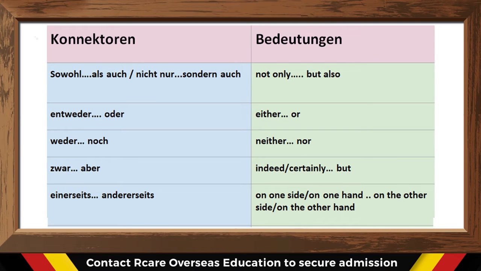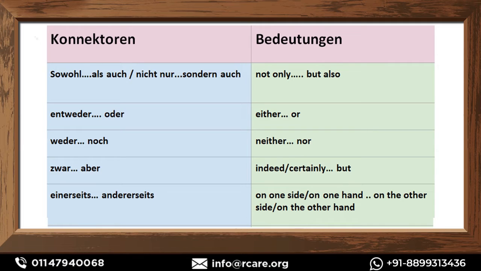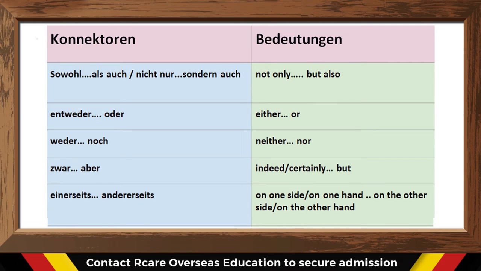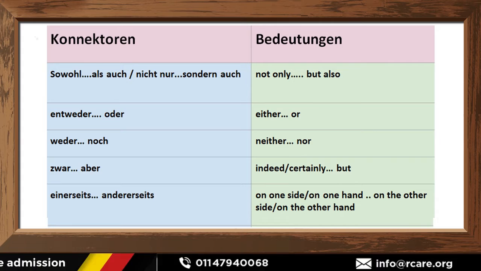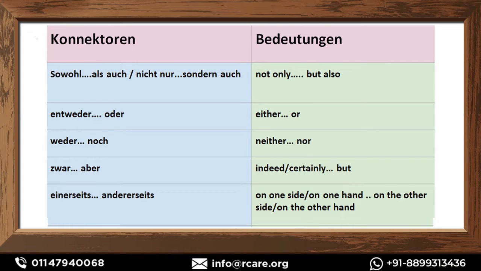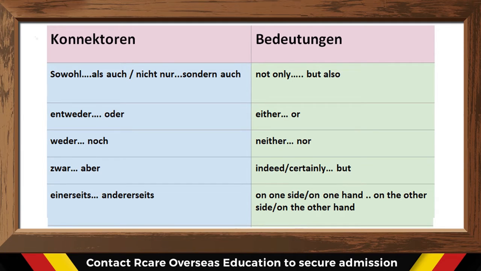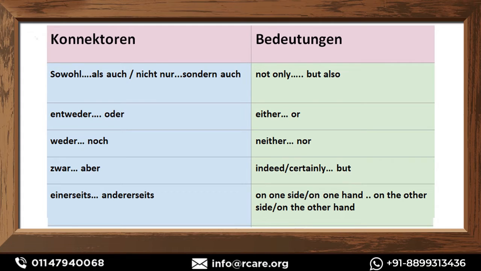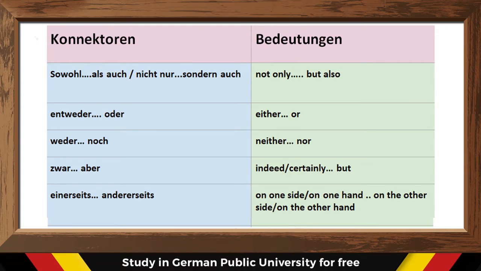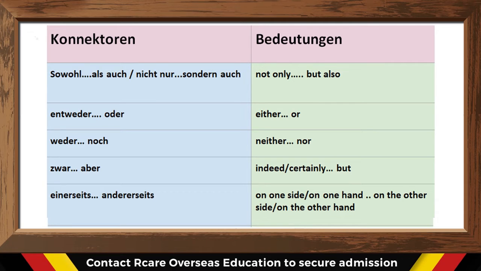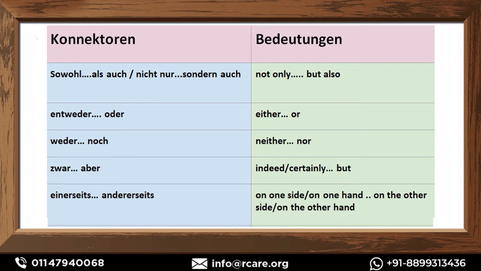The second connector is entweder, oder, either or. Third one is weder, noch, neither nor. The fourth is zwar, aber, indeed or certainly but. The last one is einerseits, andererseits, which means on one hand, on the other hand.